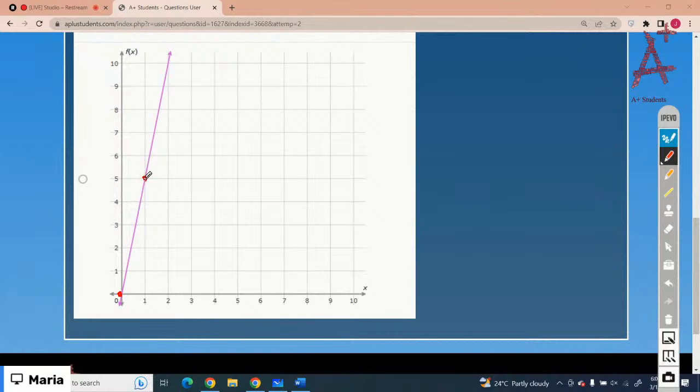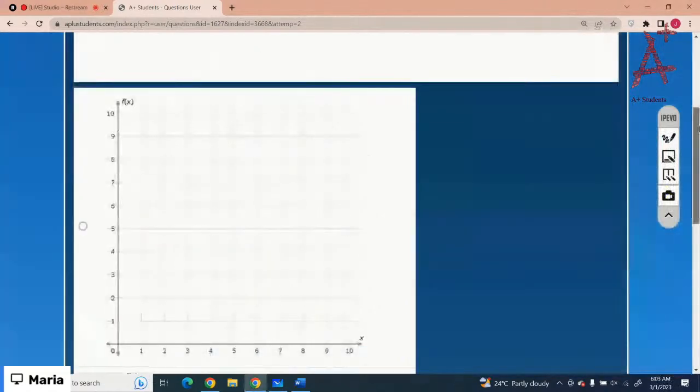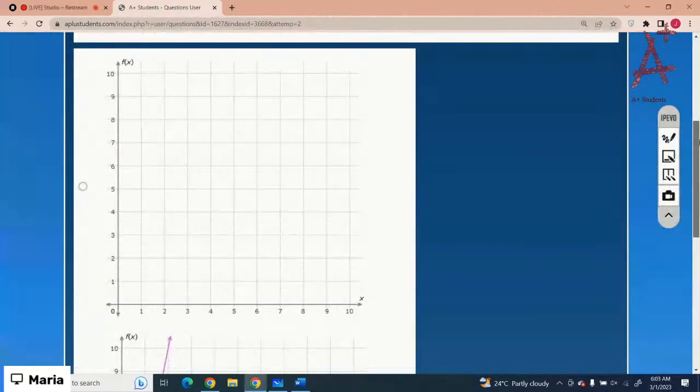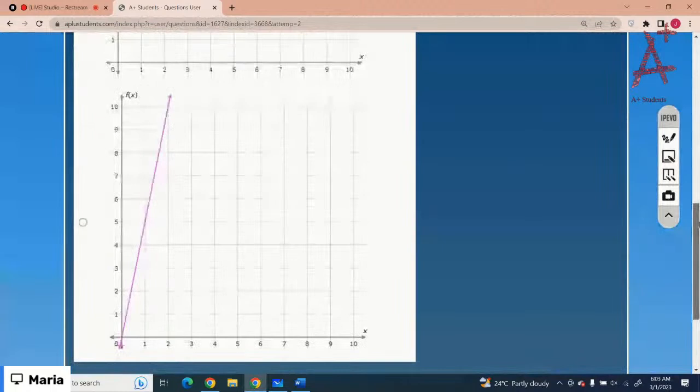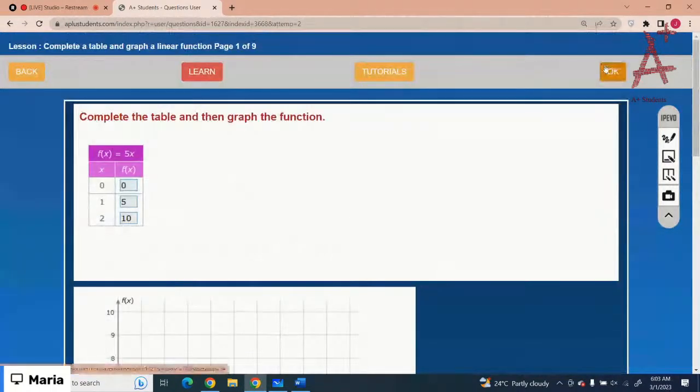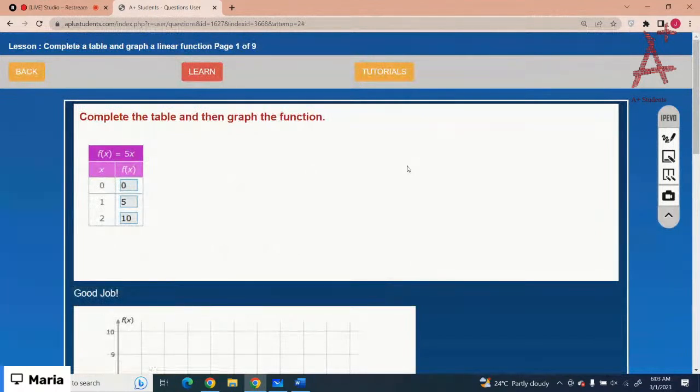This is 1, 5. And this is 2, 10. Got it? So option number 2 is the correct option. You are not given any graph in the first one, so the second one is the correct option. Just select the correct option and click on the OK button. Got it?